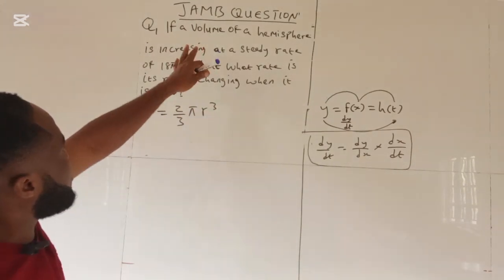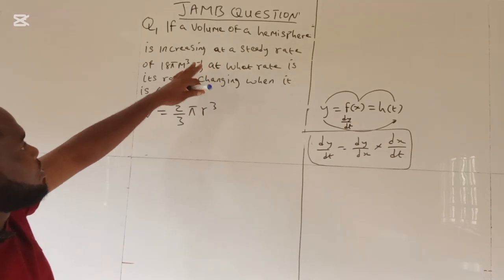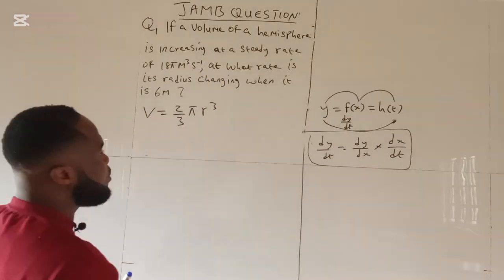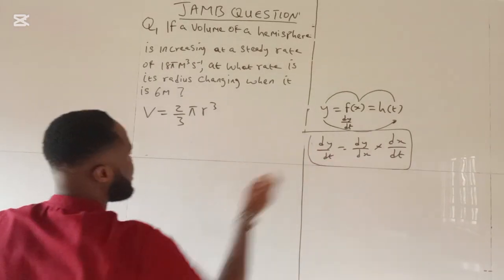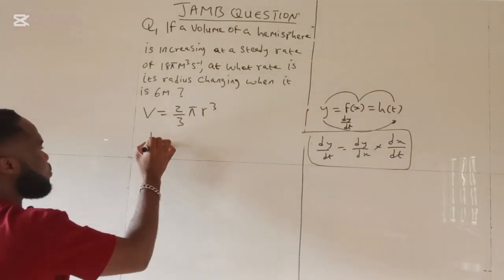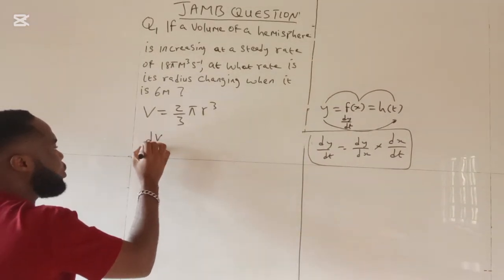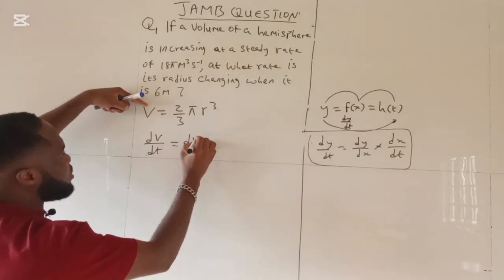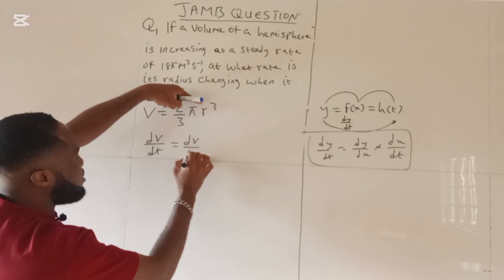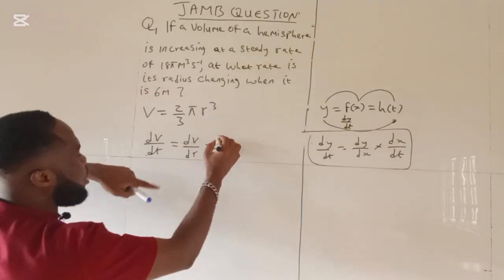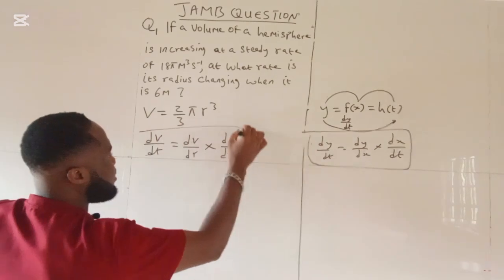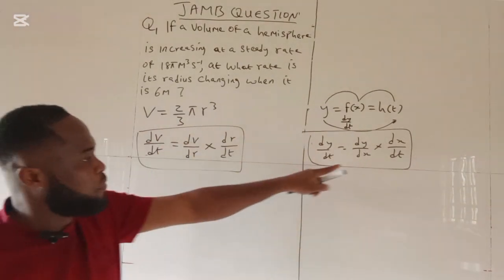Since it's talking about the rate of change of the hemisphere with respect to time, we're going to remodel this in the form of the chain rule: dV/dt equals the derivative of V with respect to r, multiplied by dr/dt.